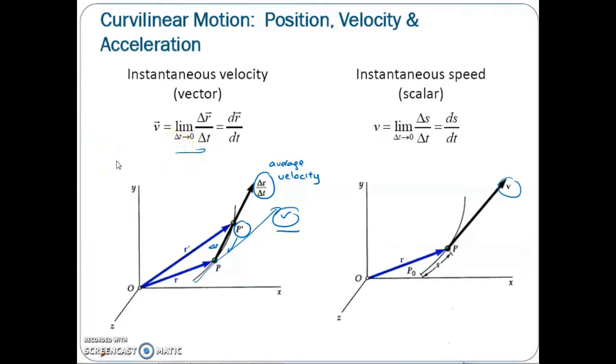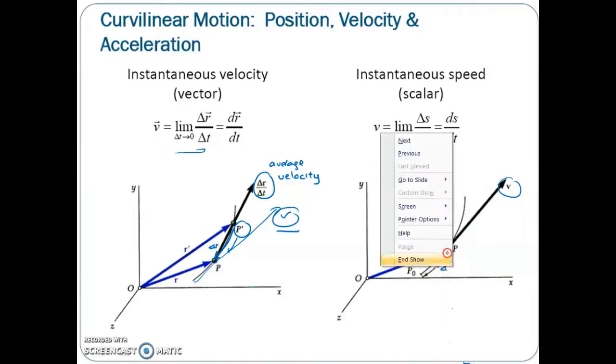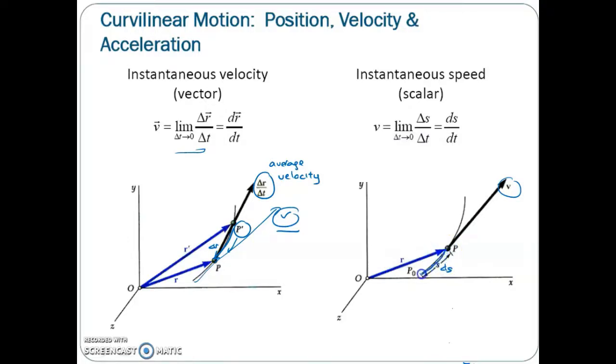We can also say that when delta t decreases, from P prime to P, the magnitude of delta r is very similar or very close to the length of delta s from P to P prime.